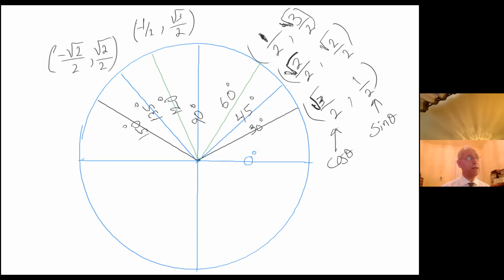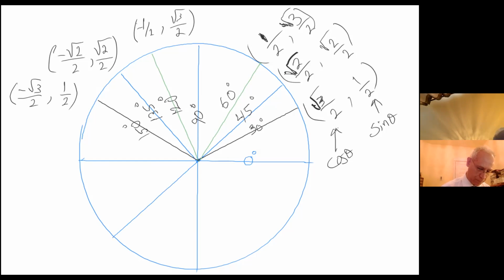Similarly, for 150 degrees, or 5 pi over 6, what do I have? It looks just like 30 degrees, except cosine is negative. So I have -√3/2, comma, 1/2. And I can just keep going. Let's do at least one more quadrant in here. Let me pick up the blue color, and then the black color, and then the green color.